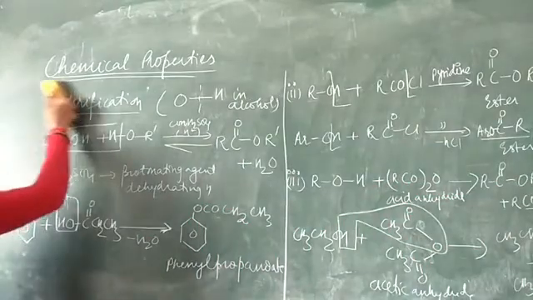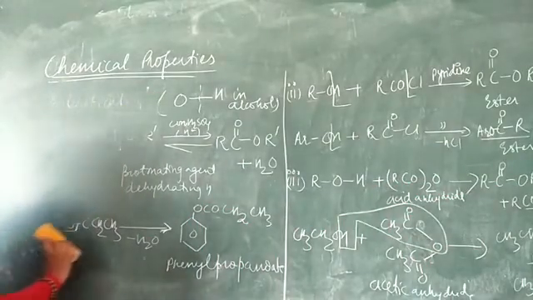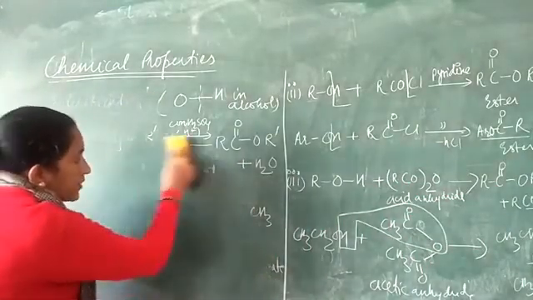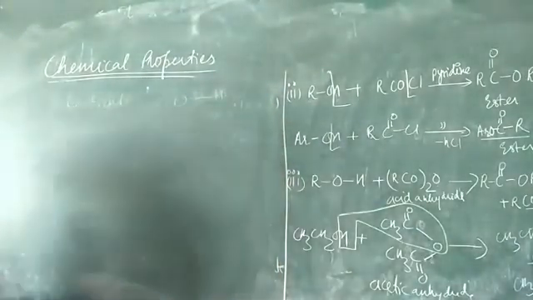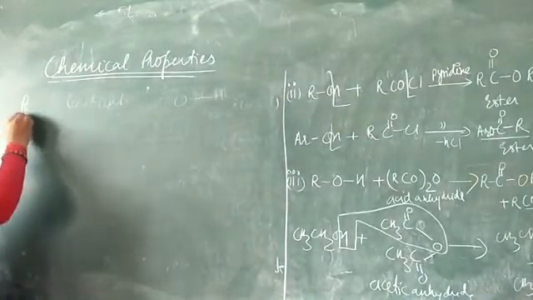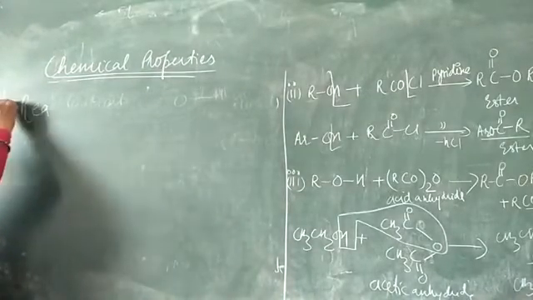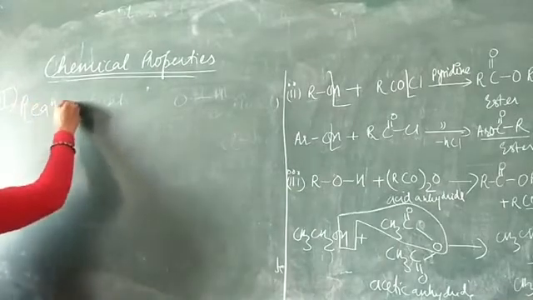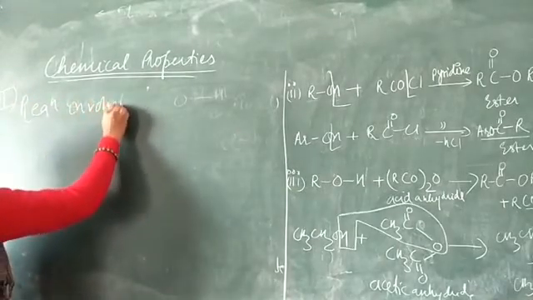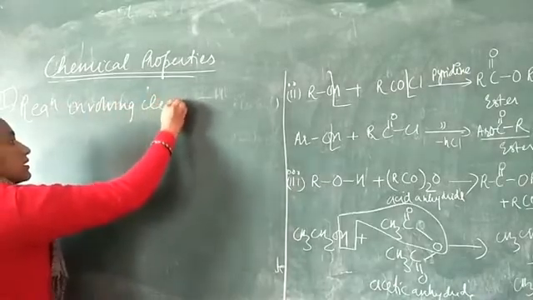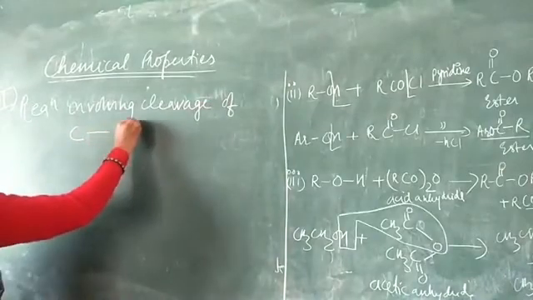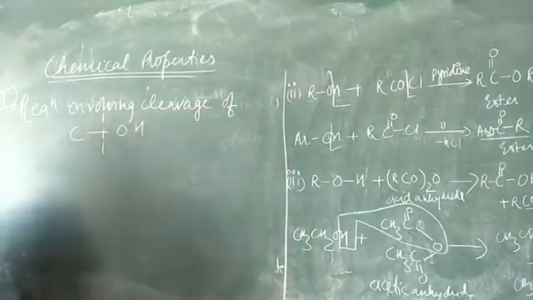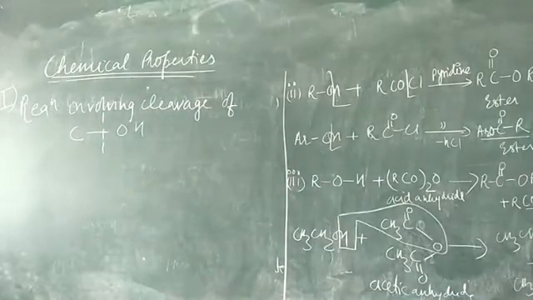Now, students, next we will discuss the reactions where we get C-OH bond broken down. So the next category of reactions is the reaction involving cleavage of the C-OH bond. That means we are talking about this bond, the C-OH bond breaking.